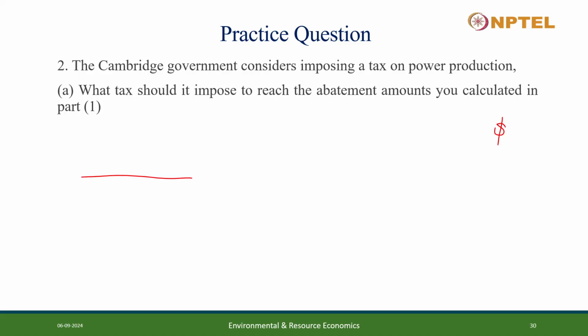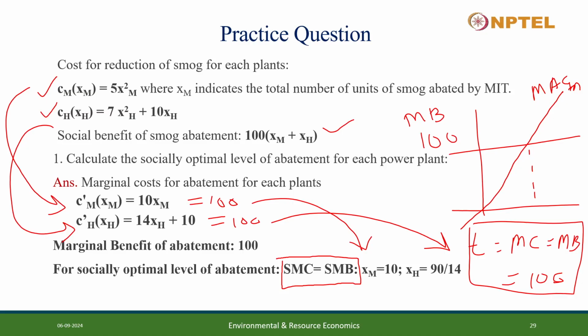So what we have to do is that we are given the marginal abatement cost curves, right? For MIT it is 10 xm and for Harvard it is 14 xh plus 10. So when xh is 0, for that value the cost will be 10. However, when xm is 0, the cost will be 0.